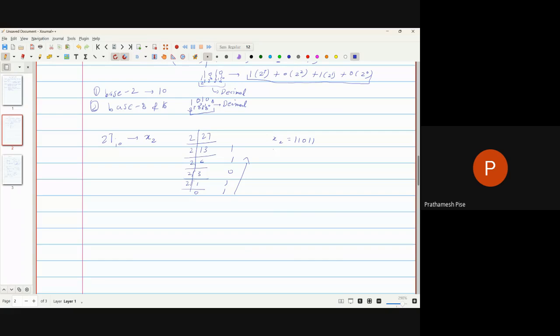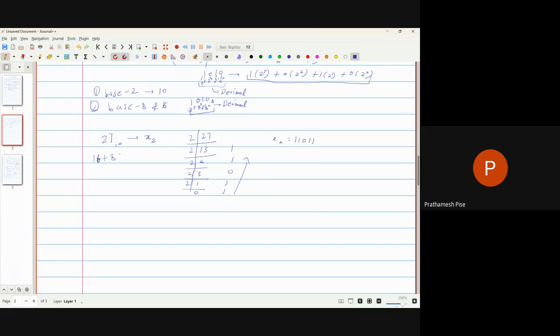You can make sense of it in this way. See, what is the closest exponent of 2 to 27? It is 16, right? 16 is the closest which is lesser than 27. 32 is greater than it, so we cannot use that. Then if we add 8 to it, it is 24.